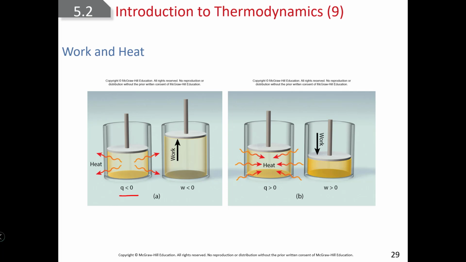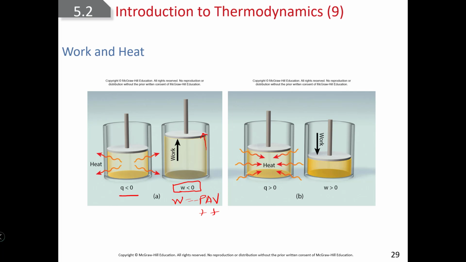Q is less than 0. If you see that the volume is expanding, and we know that work is equal to negative P delta V, delta V is positive, pressure is always positive, we get a value for work that is less than 0, then the system is doing work on the surroundings.